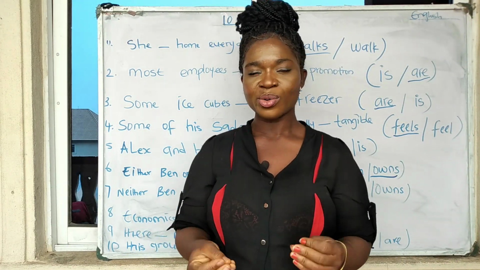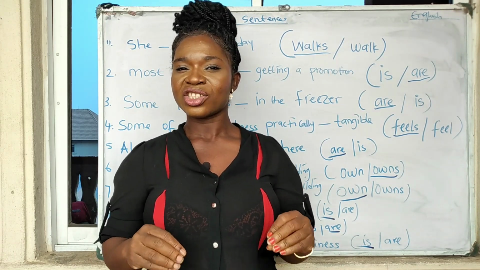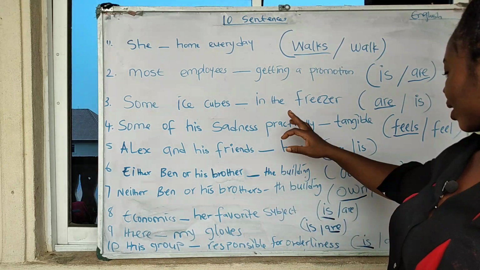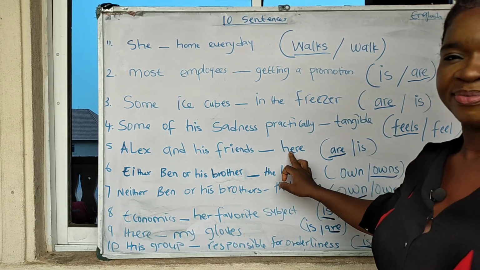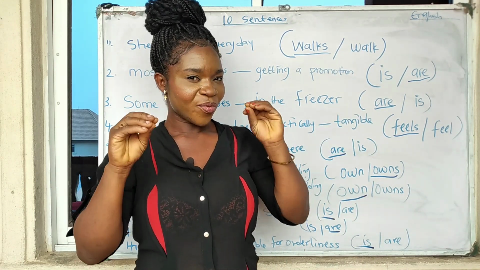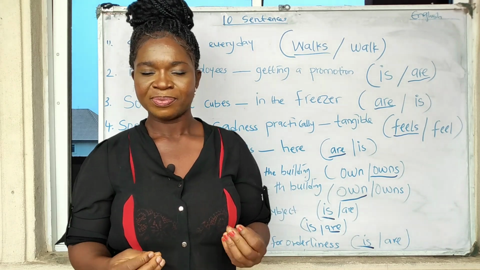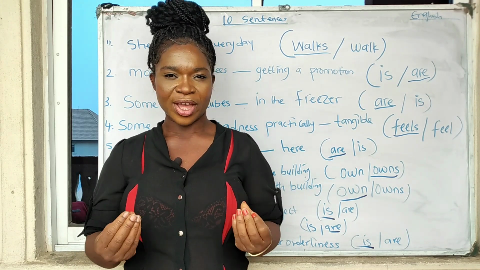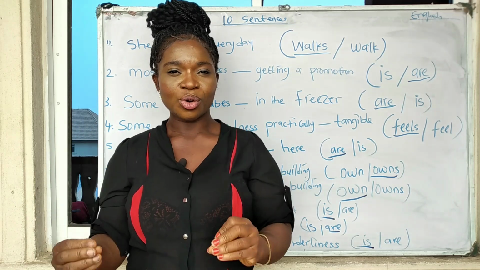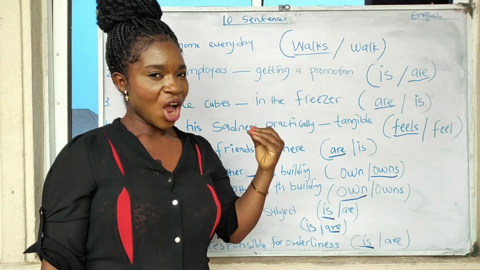So this rule number 7 states that if a sentence is to begin with there or with here, usually the verb will come first before the subject. Then if this happens, before you decide if the verb is going to be singular or plural, you should consider the subject, if it is singular or plural.